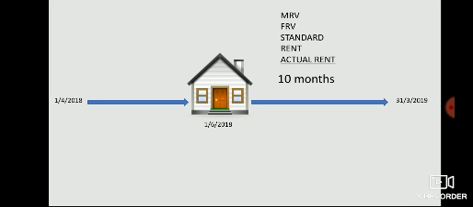In this case, all rental values such as MRV, FRV, standard rent, actual rent will be taken for 10 months period only instead of 1 year. This can be understood further by solving the following problem.